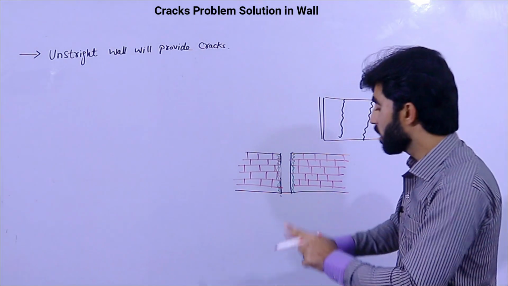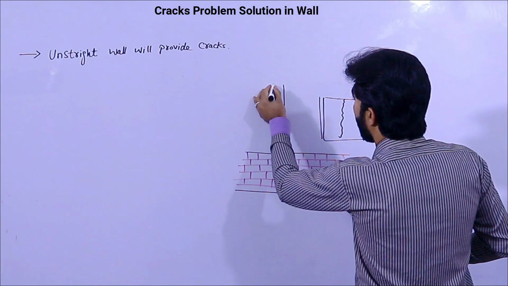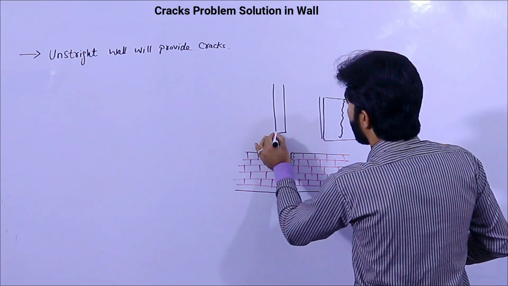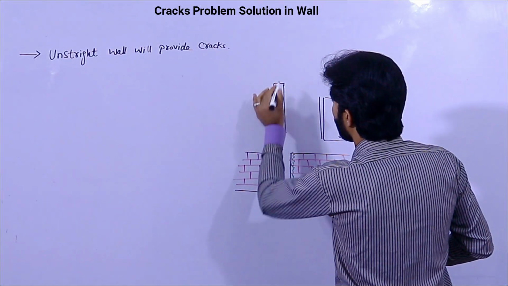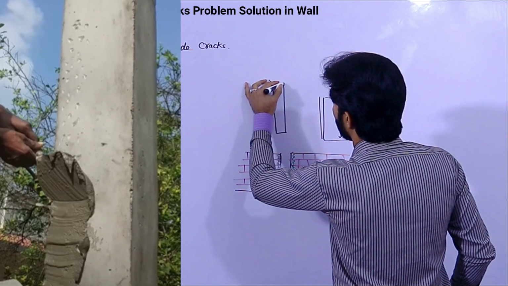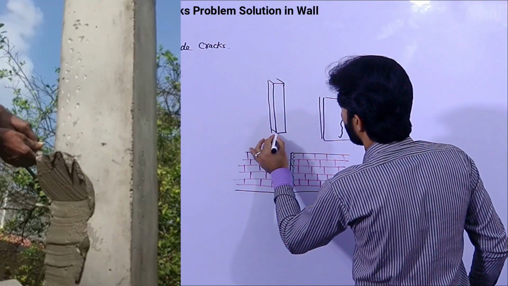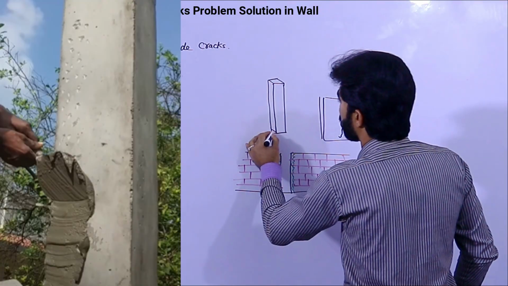At the start, as you can see, this is a column. Here make the surface of this column rough. Let me show you in isometric view.